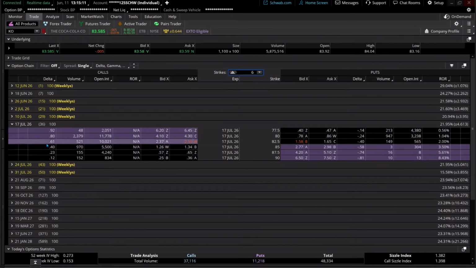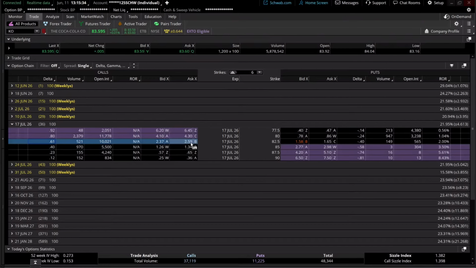Now, I'm going to choose the at the money strike, or I should say in the money. If we go in the money, which just means the strike price is lower than the stock price, there's some intrinsic value, also known as equity.